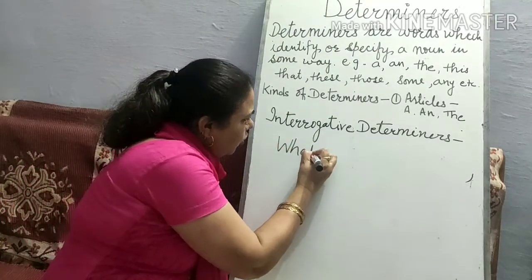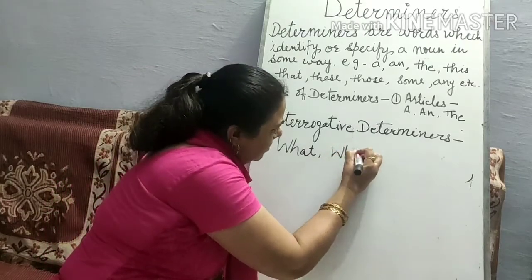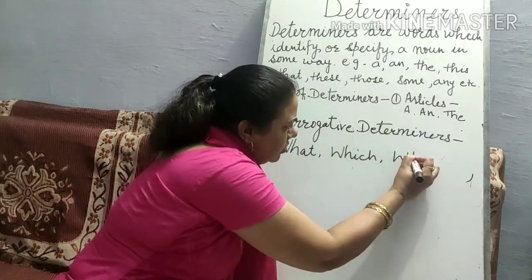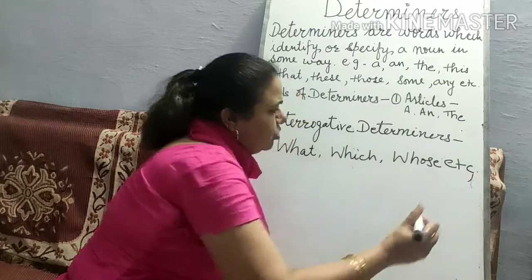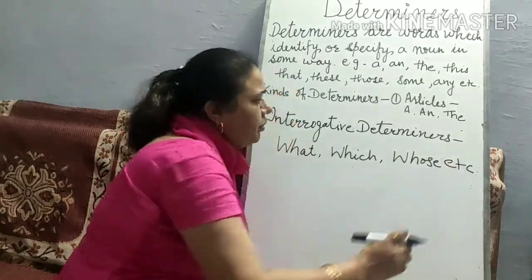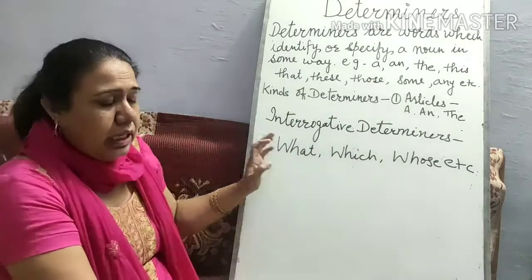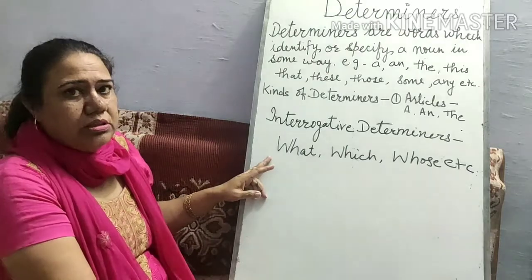Next we take which. Next we take whose, etc. These also come in interrogative pronouns, and interrogative determiners count the same words.